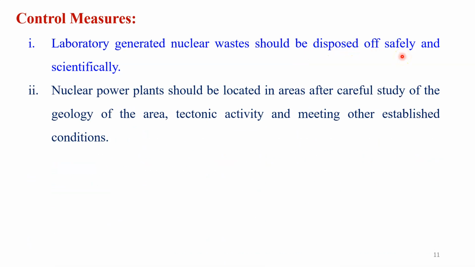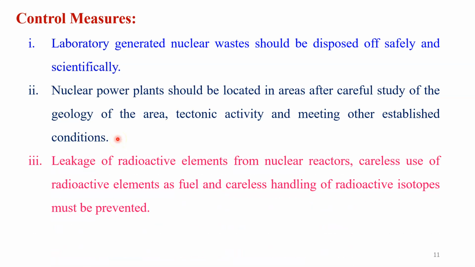If you want to minimize the intensity of nuclear pollution, this is a very important measure. Nuclear power plants should be located in an area after careful study of the geology of the area, tectonic activity, and meeting other established conditions. Then definitely it can minimize the intensity of this pollution.